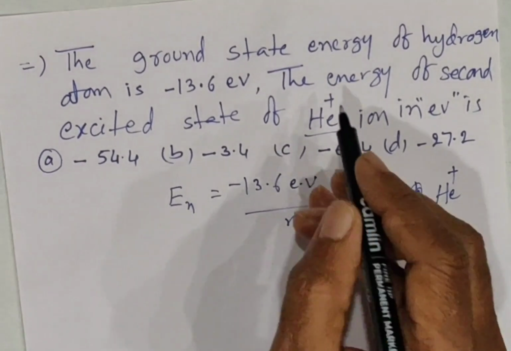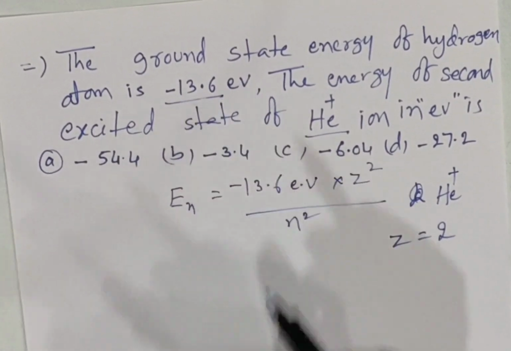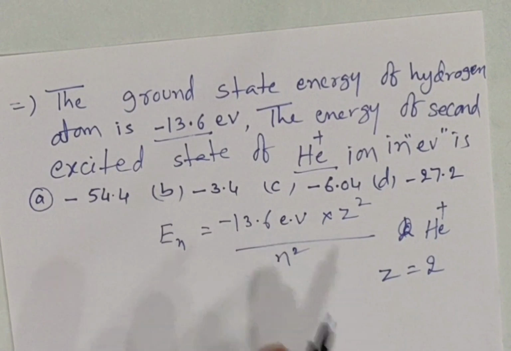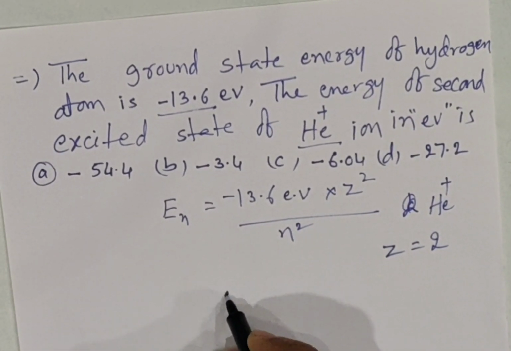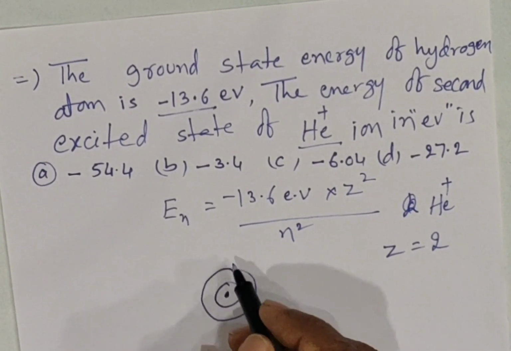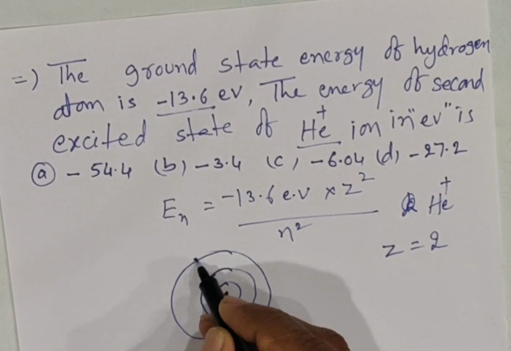So here the ground state energy of hydrogen atom is minus 13.6 electron volts. The energy of second excited state, already we know, this is ground state, first excited state, second excited state, 1, 2, 3.